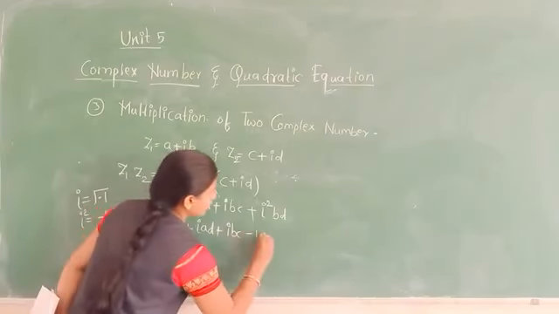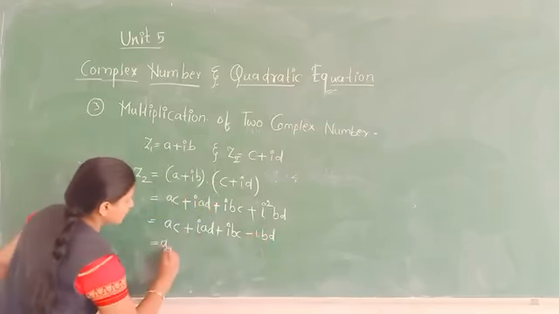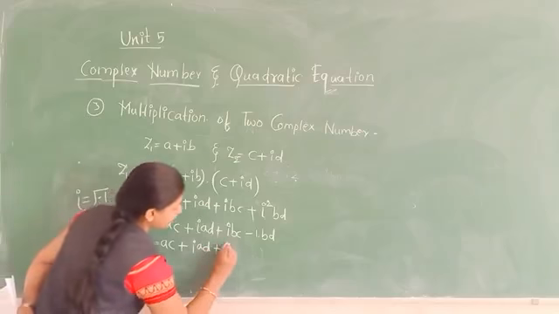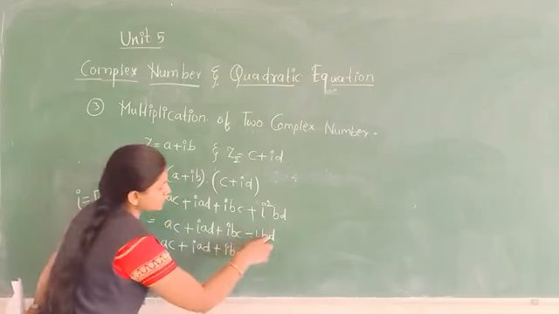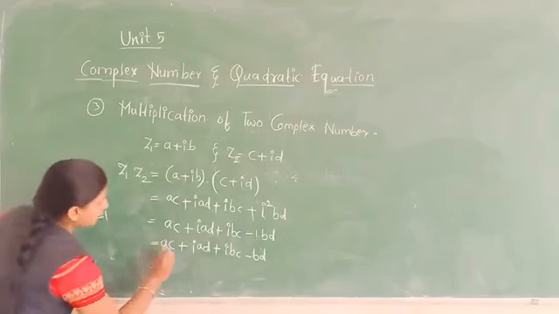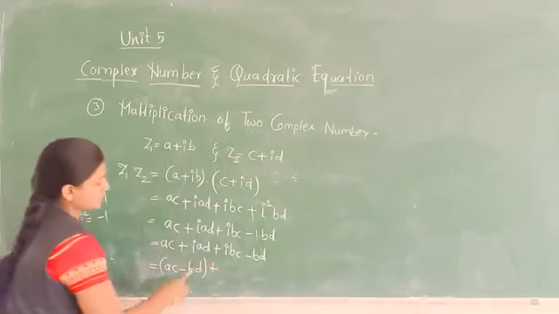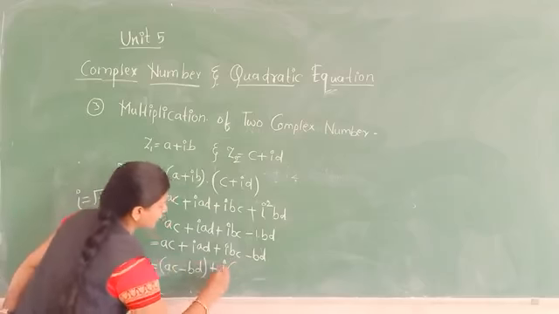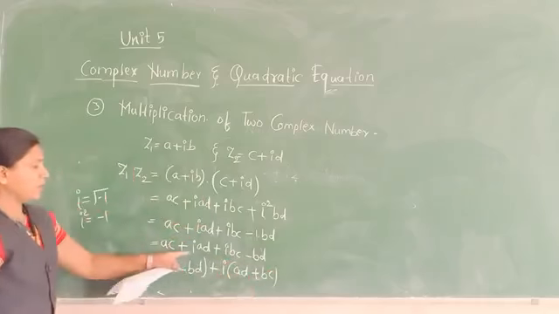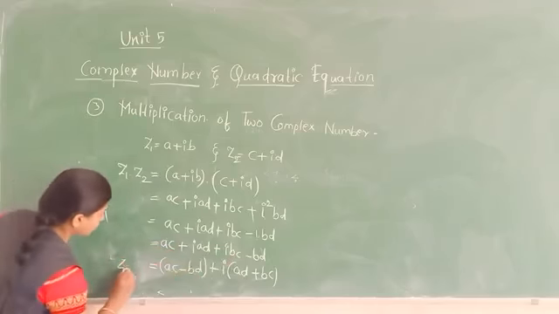So minus 1 into bd is minus bd. Taking the real part together, it is ac minus bd, plus i common, in bracket ad plus bc. So this is Z1 into Z2.